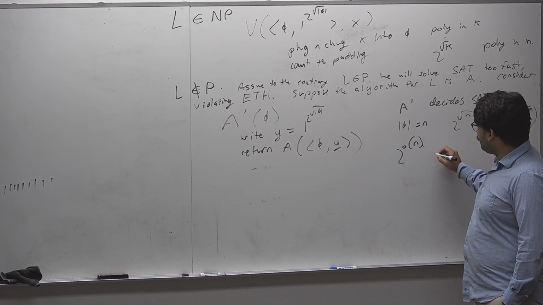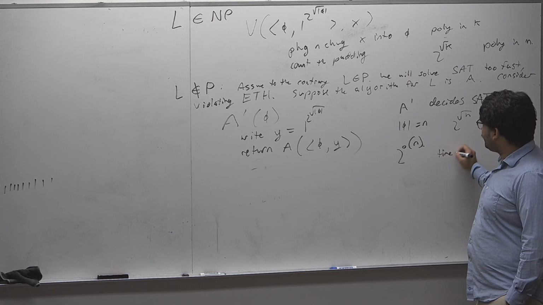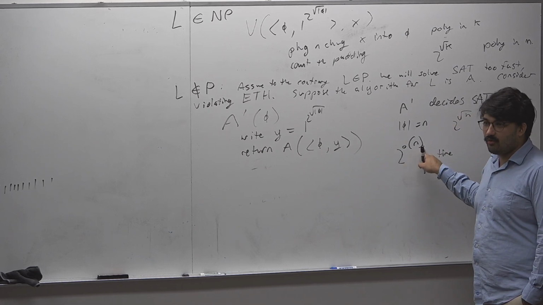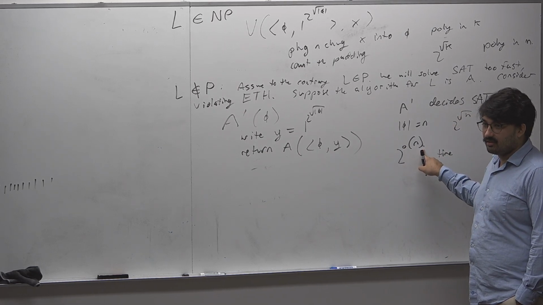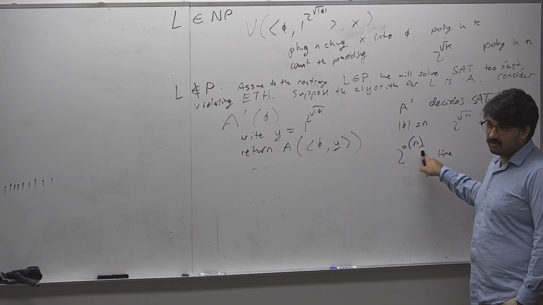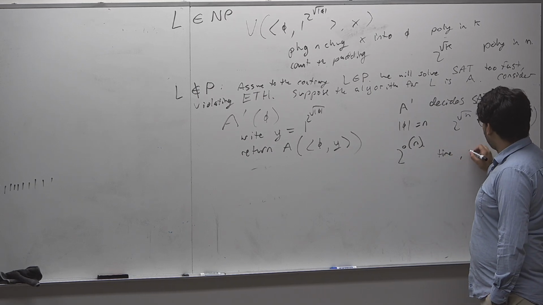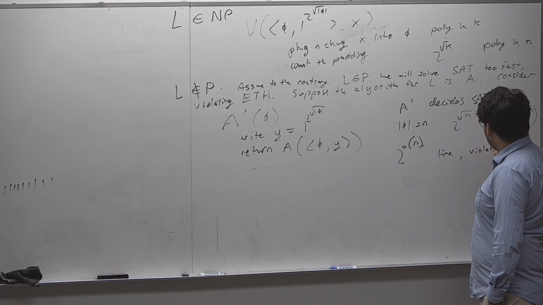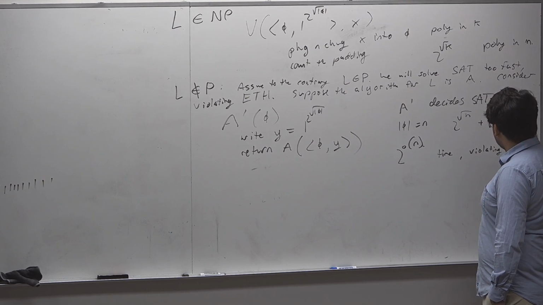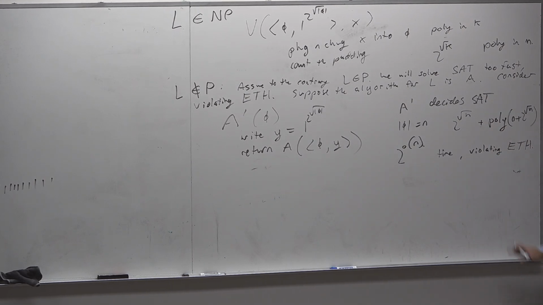But A decides SAT in 2 to the little o of n time. It solves SAT faster than exponential time, violating the exponential time hypothesis, right?